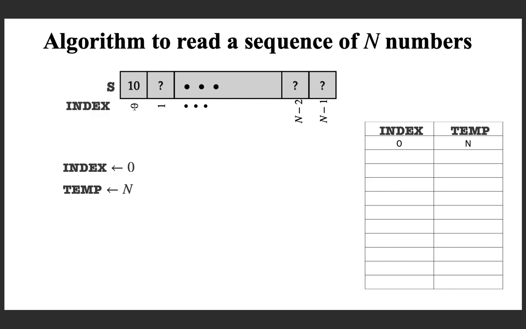After that, what you should do? You increment the index so that you can store the next value at that index. Now remember that you already have read the first number. So the remaining number of numbers to be read needs to be decremented by 1. So that is the next operation, decrement temp.